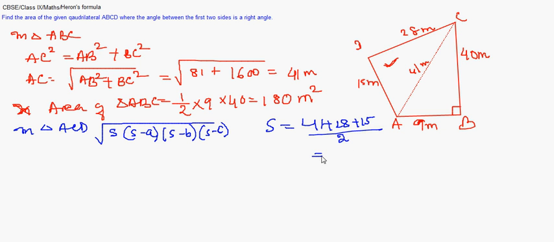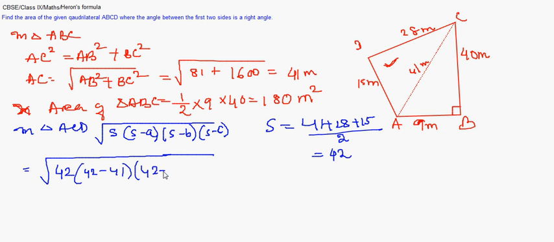That's giving me 84 by 2, which is 42. Now this is S. We will apply it here in the formula. So it would look like 42, one side is 41, the other side is 28, and the third side is 15.